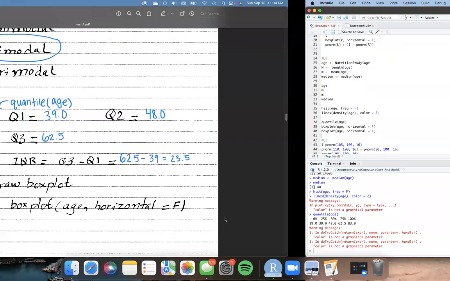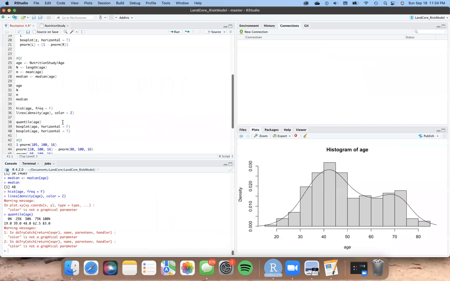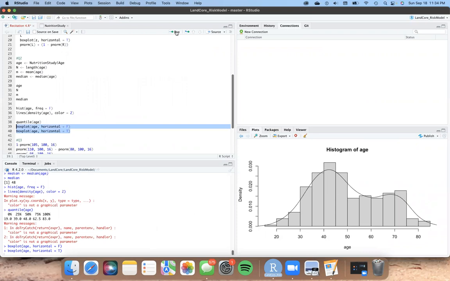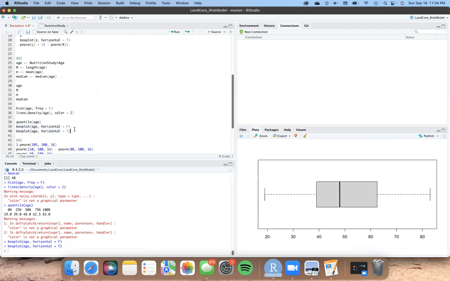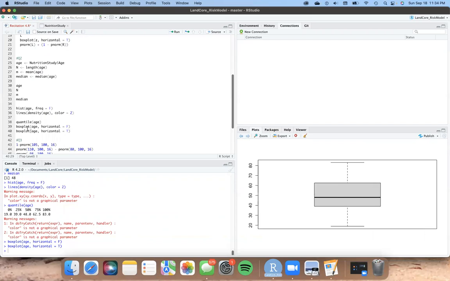So if I draw a box plot, I did it two ways so you can see. So first I did box plot of our age and I did horizontal false. So that means that it'll produce a vertical box plot because horizontal is false, so vertical would be true in other words.